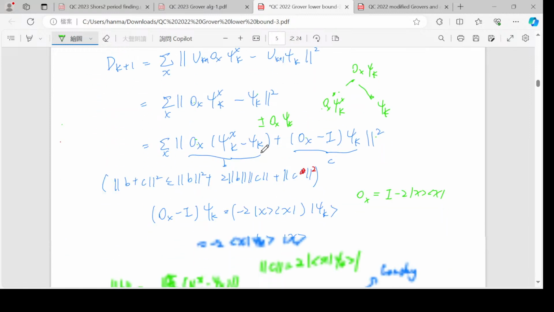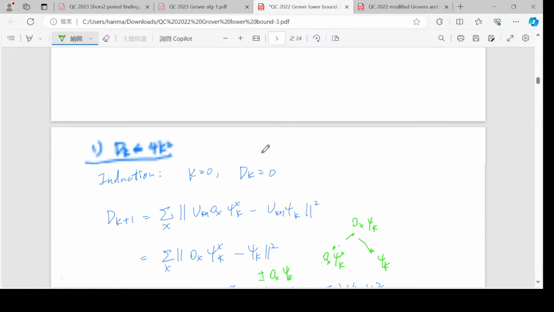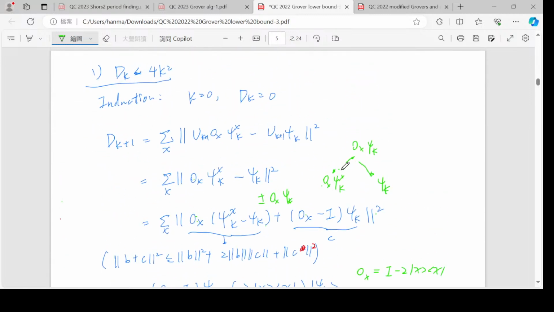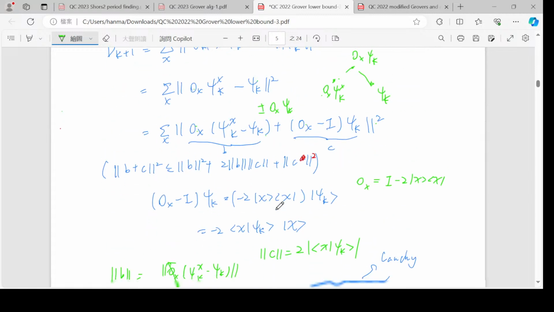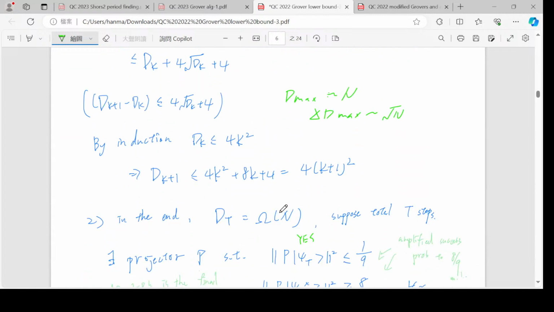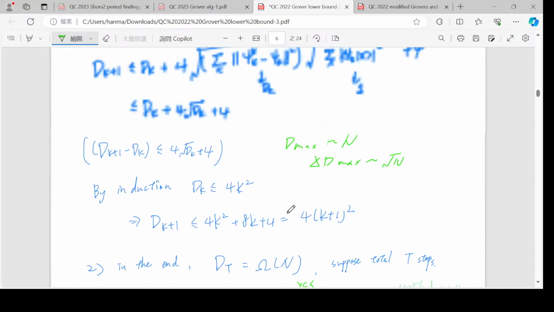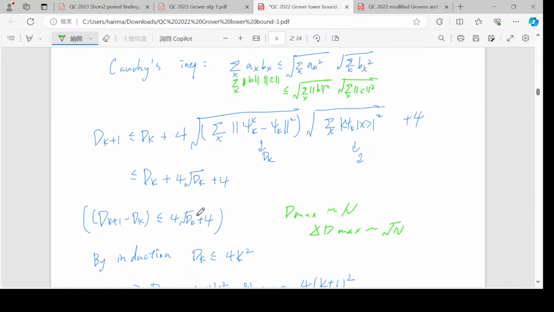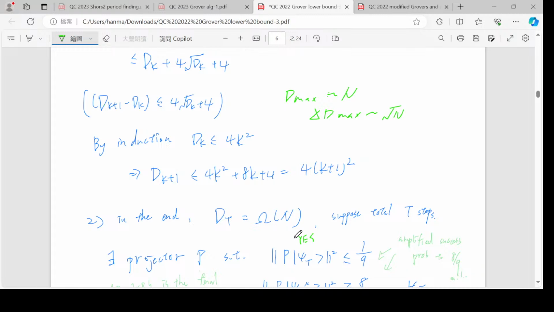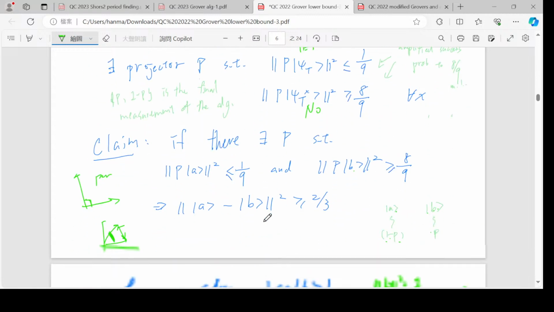Okay. And in the proof we do some hybrid between these O_x and psi 0, and Cauchy-Schwarz, etc. And we are able to complete the induction.